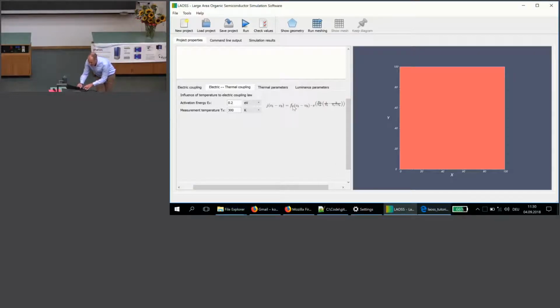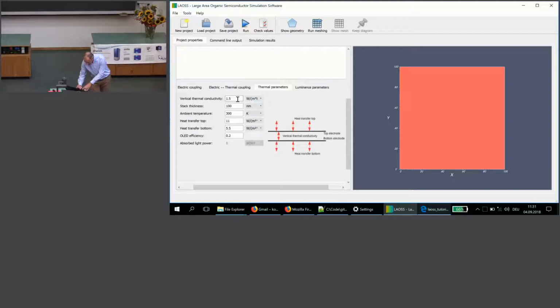So we have an original JV coupling law, I think it's this small f here, and then we modify it by this thermal activation formula. The user can enter activation energy and the measurement temperature, and that will automatically adjust the current density for the new temperature that is found when solving for this Joule heating.